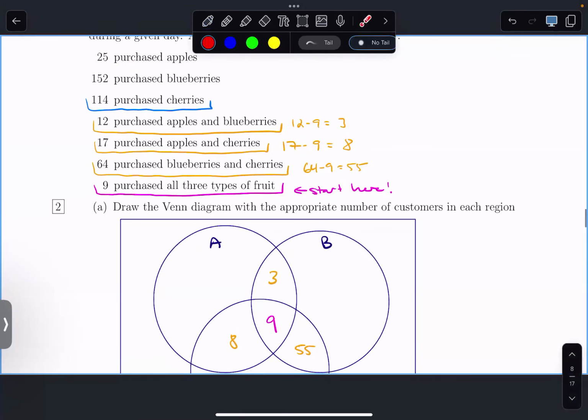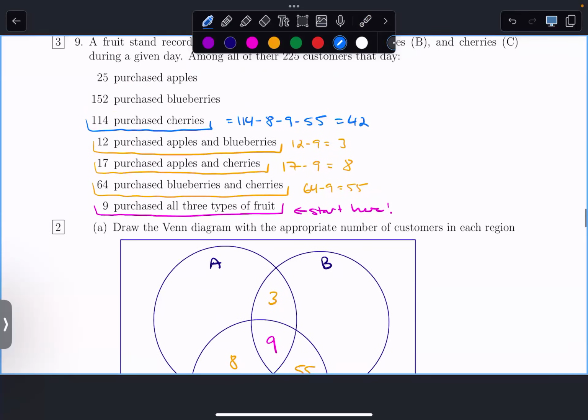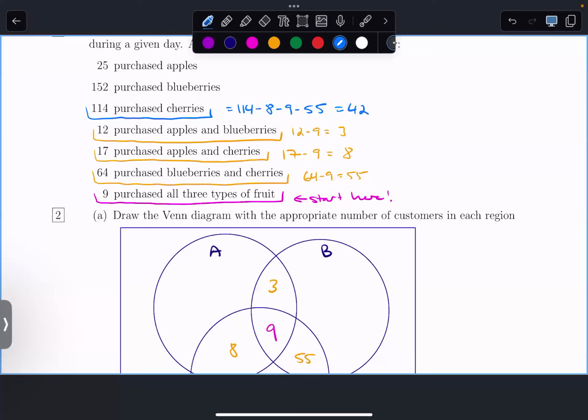And so here, 114 minus 8 minus 9 minus 55, and I get 42 for just the cherries, right? Overall, yeah, it's 114 that bought cherries, but they could have also bought other things.